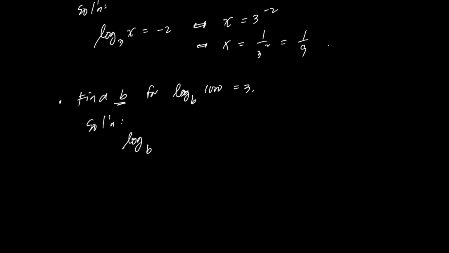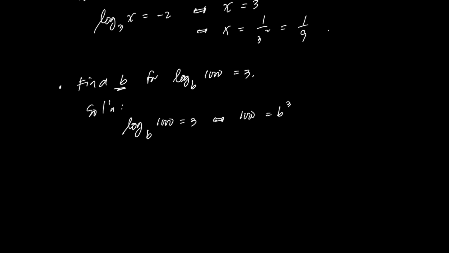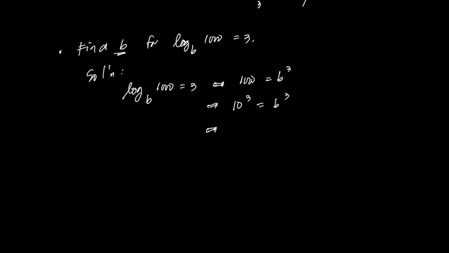This log to the base b of 1000 equals 3 is just equivalent, again from the definition, to 1000 equals b cubed, and that is 10 cubed equals b cubed. From the law of exponents, this is just 10 equals b. So that is the value of b.